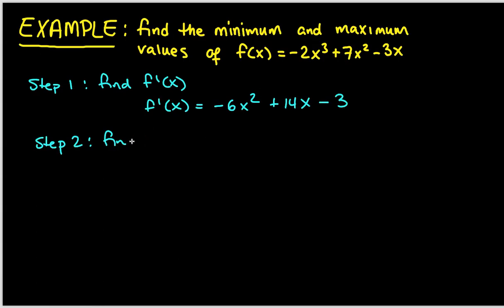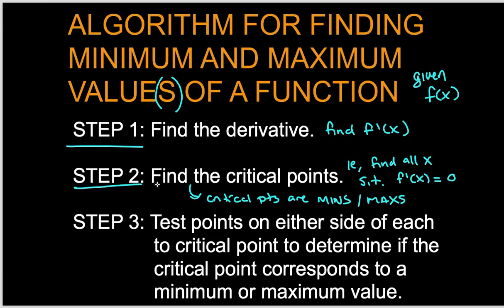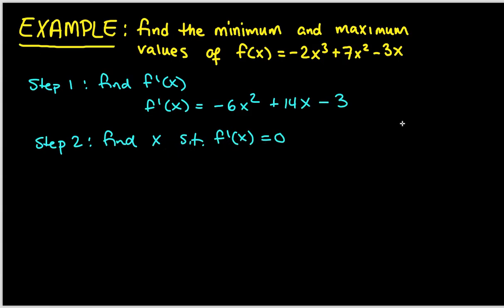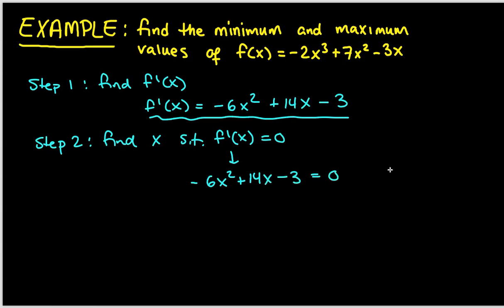We need to find the x values such that f prime of x is equal to 0. Remember, step 2, find the critical values. So we want to find all the x values such that f prime of x equals 0. So we take f prime of x, which we found right here, and write negative 6x squared plus 14x minus 3 equals 0.